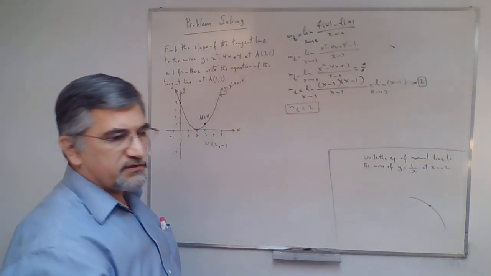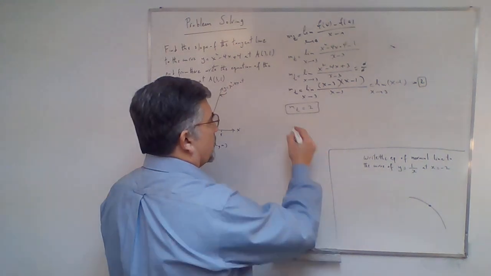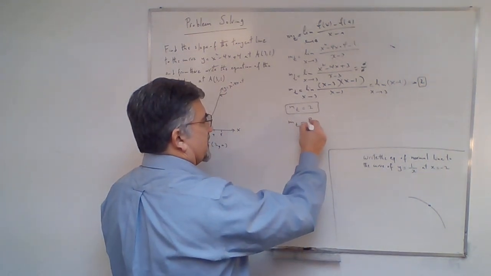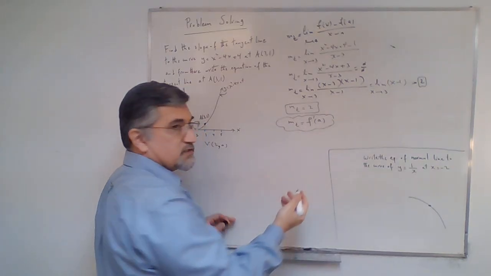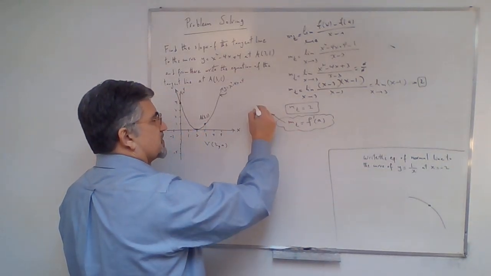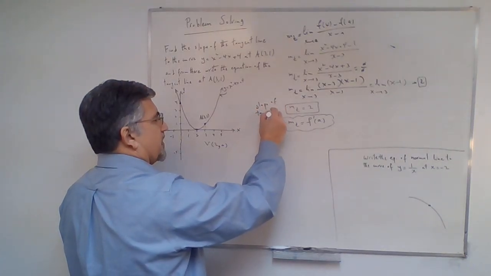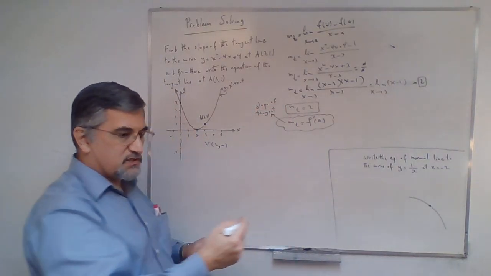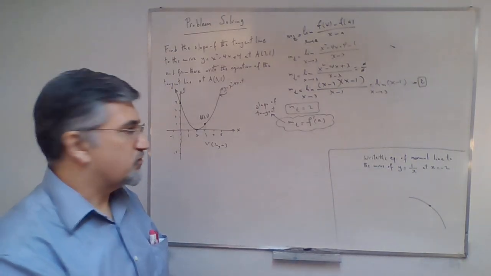Now, we have learned the differentiation rules. And we know that slope of tangent is actually f prime at a, okay? And this is an important formula, and I keep repeating this. M sub t stands for slope of the tangent line, and the f prime at a is the numerical value of the derivative of the function at x equals a.